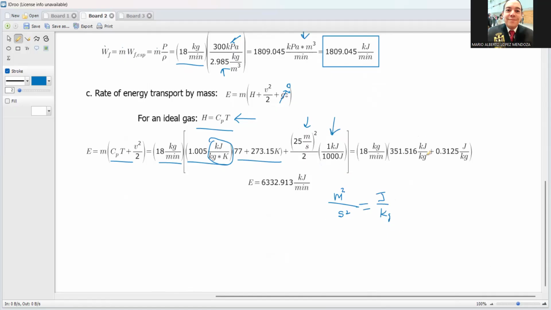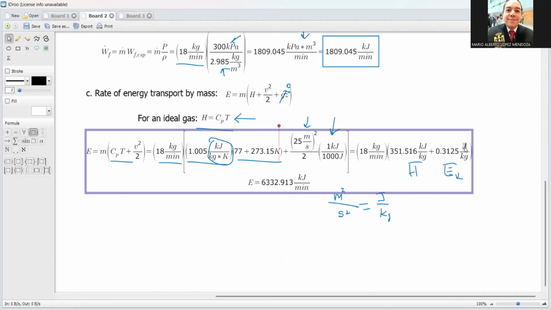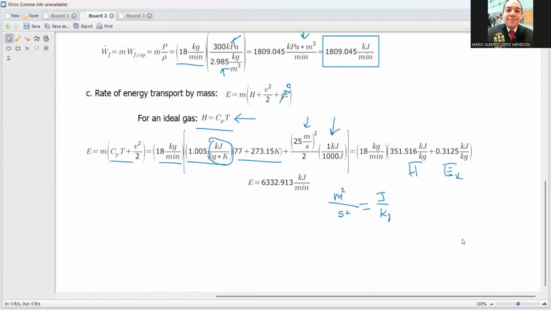I have estimated both factors, the specific enthalpy and the specific kinetic energy, separately in order to show the difference between these two values. Both are now in kilojoules per kilogram.